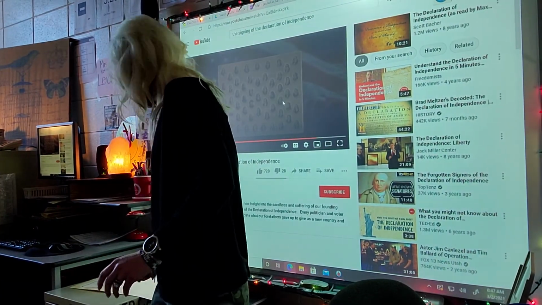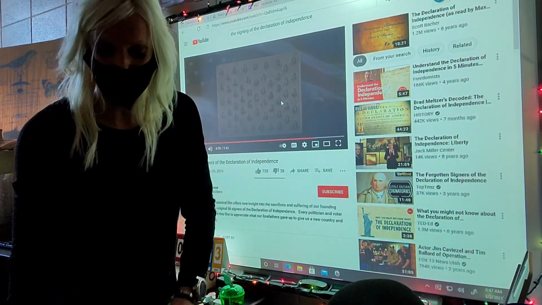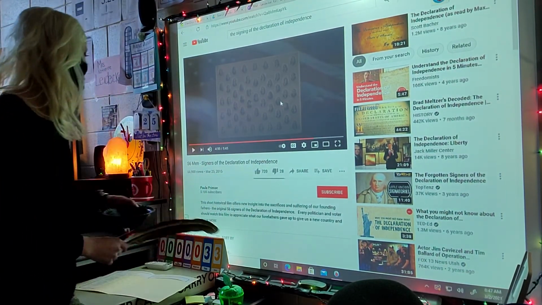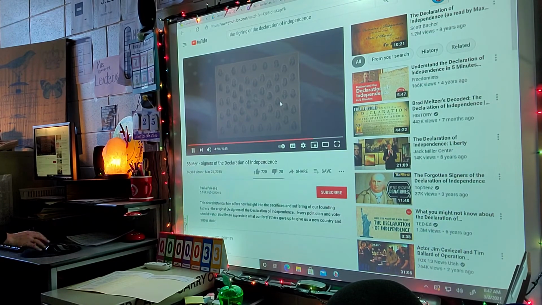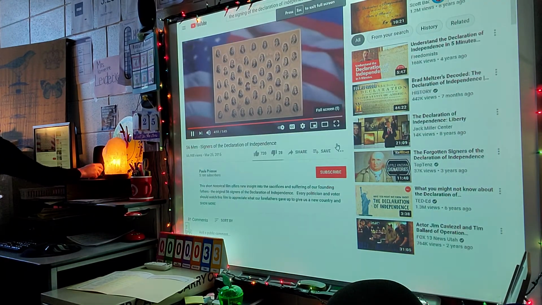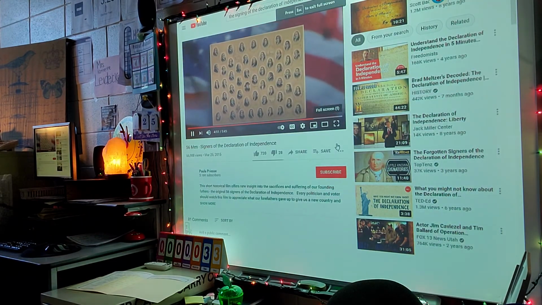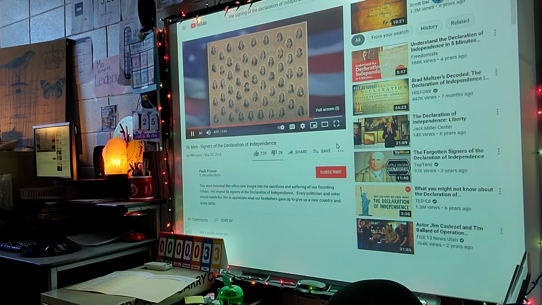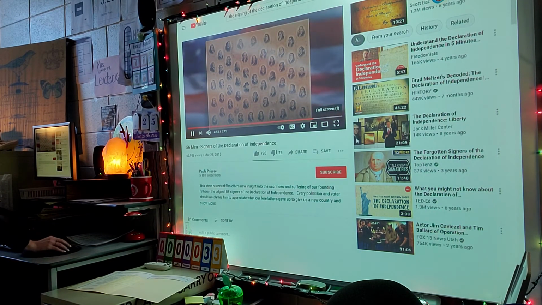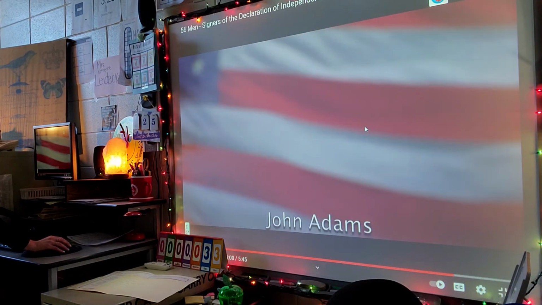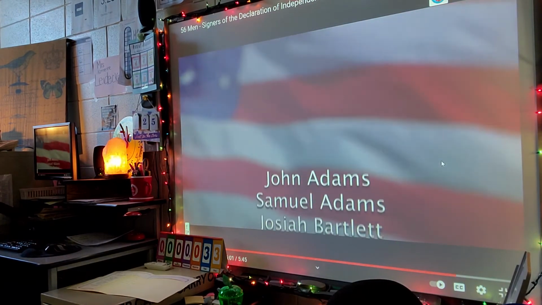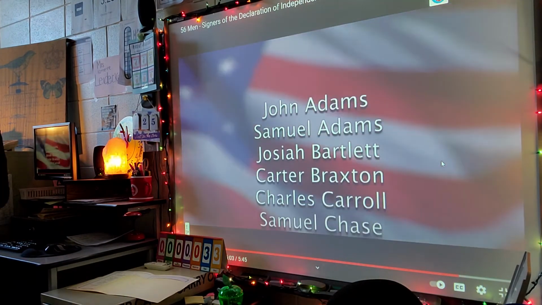Okay, so next we're going to learn about who signed the Declaration of Independence. So let us honor the unparalleled sacrifices of these 56 men and thank them. So there are 56 men that signed the Declaration of Independence.